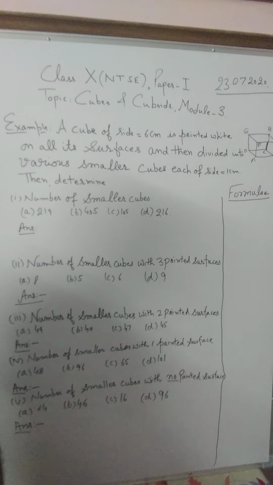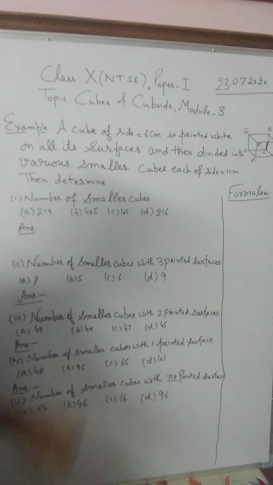Number of smaller cubes with 3 painted surfaces is equal to 8. It remains fixed because the whole faces of a cube is painted. Then number of smaller cubes with no painted surface is equal to (capital N minus 2) whole cube, where capital N is the number of divisions on a surface of the bigger cube.